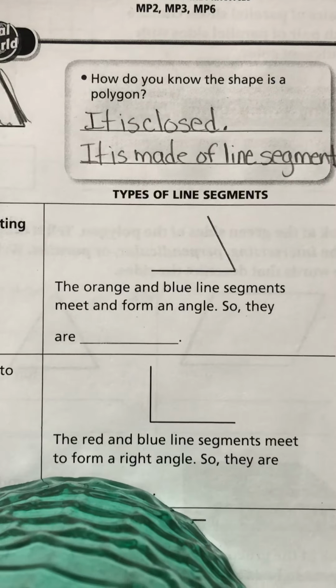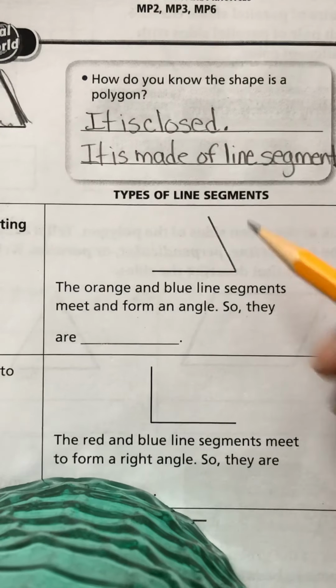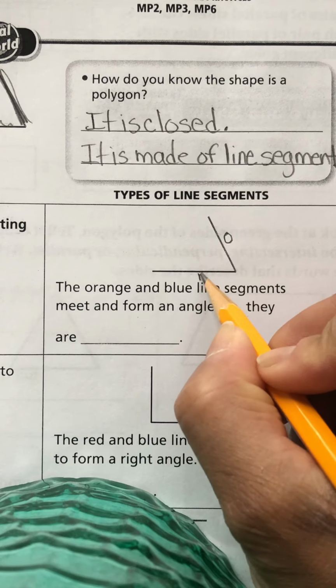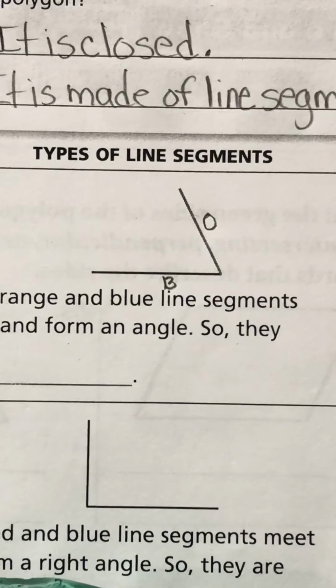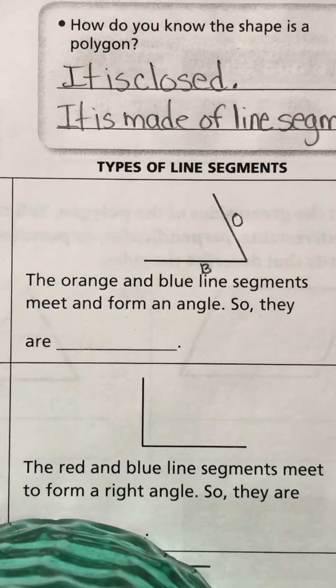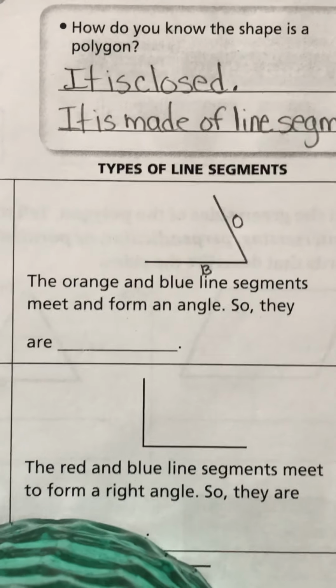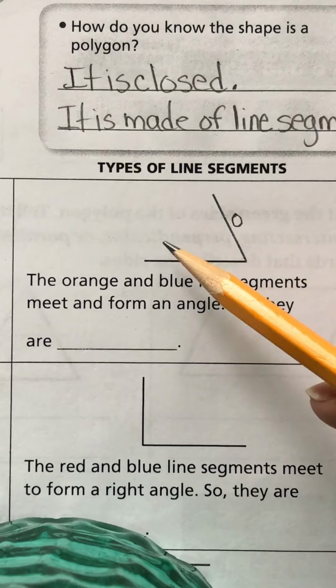Okay, so now look at what it says across. It says the orange and blue line segments meet and form an angle. Obviously, you can't see orange and blue, so I'm just going to put O for orange and B for blue right here. Let me just zoom in so you can see. It says the orange and blue line segments meet. Here's where they meet, and they form an angle. And you can see what that angle is.